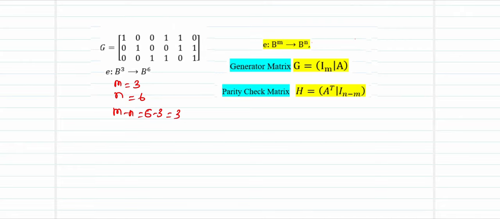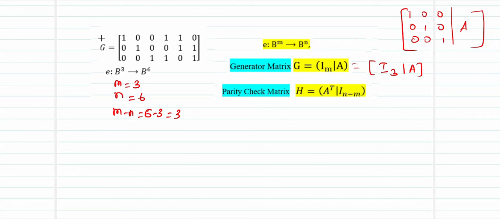This has to be attached with A, augmented with A. So now we will locate this in our G. In our G we find 1, 0, 0, 0, 1, 0, 0, 0, 1 here. An imaginary line is drawn here, so that this part represents your I_M, and this part is going to represent your A. So the second part is going to be your A. So what is going to be my A?